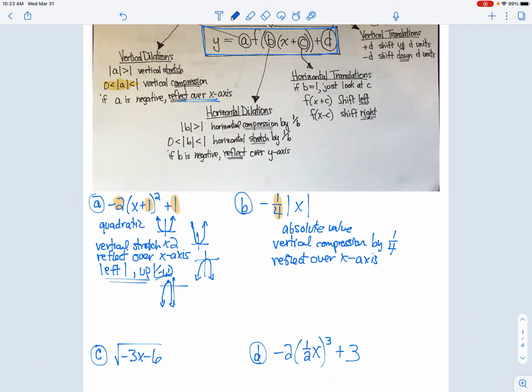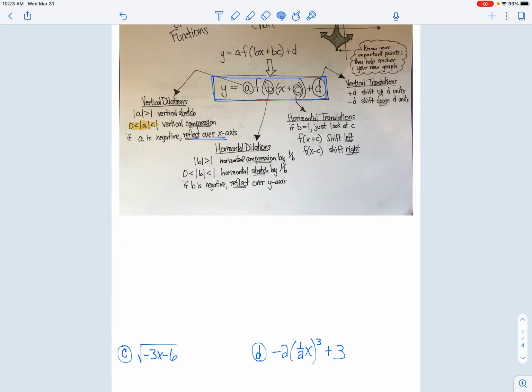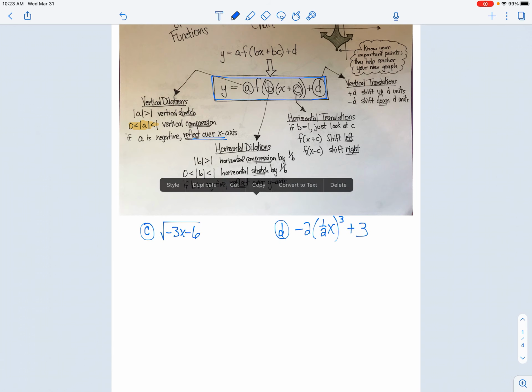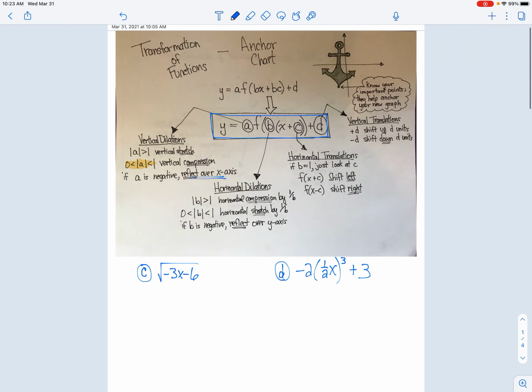All right, let's do a couple more. Let's replace those with 2 that I've got ready to go with some horizontal shifts. Okay, the square root of negative 3x minus 6.